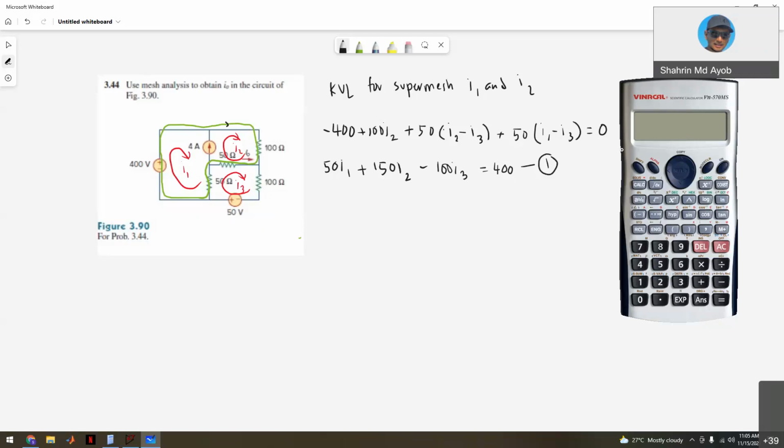Then what is the sign for 50 I1? Is it negative? This one should be negative 50 I1, negative 150 I2, plus 100 I3, equal to negative 100. Should be like that.